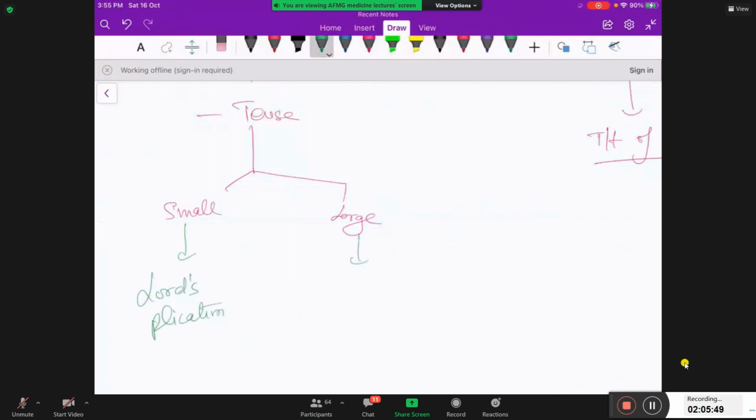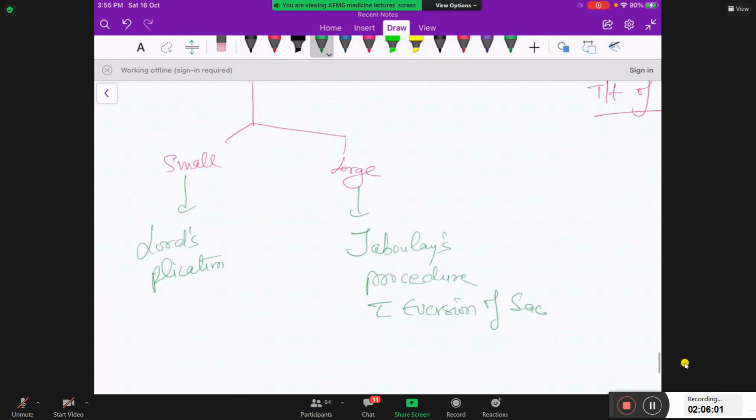In a large hydrocele, you do a Jaboulay's procedure with eversion of sac.